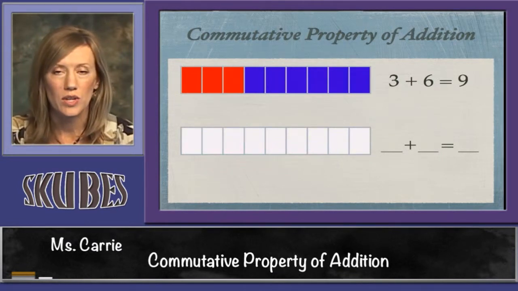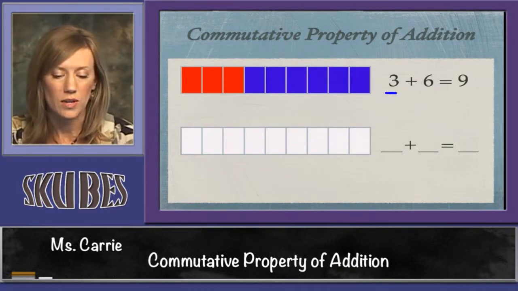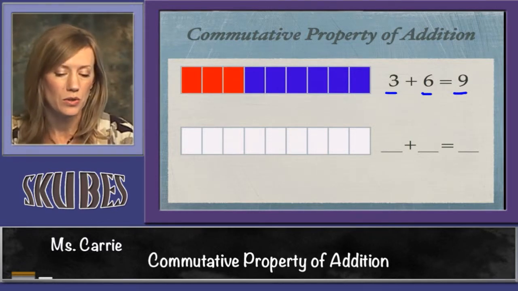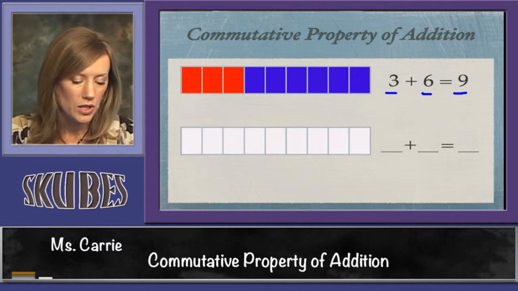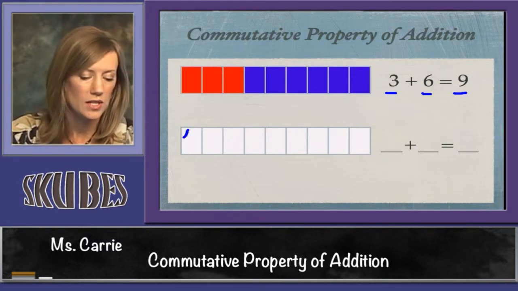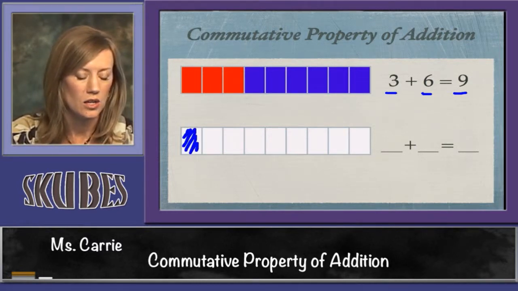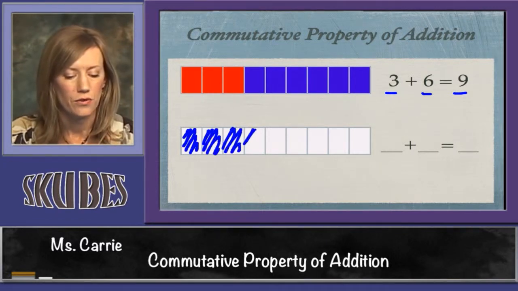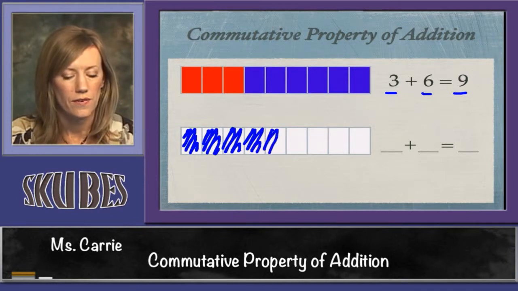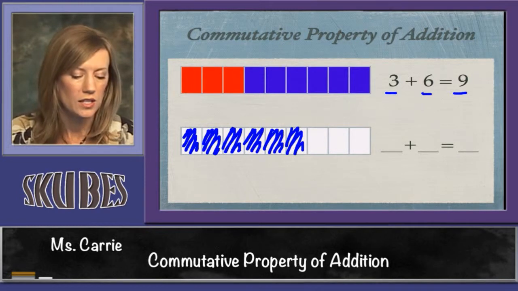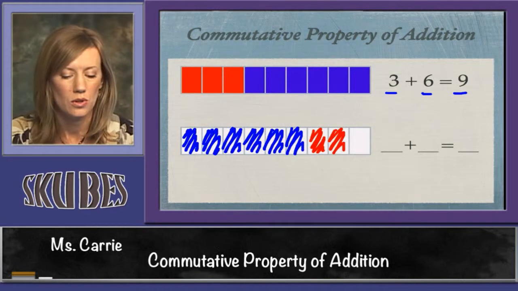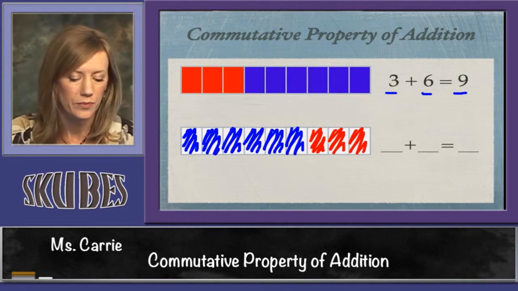This one here says 3 plus 6 equals 9. 3 plus 6 equals 9. Now let's see what happens when we flip those two numbers. So what we would do would be to start with 6, 1, 2, 3, 4, 5, 6, plus 3, 1, 2, 3.